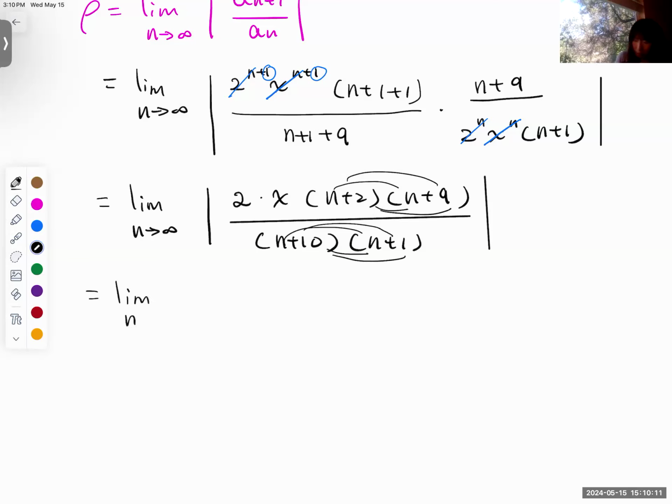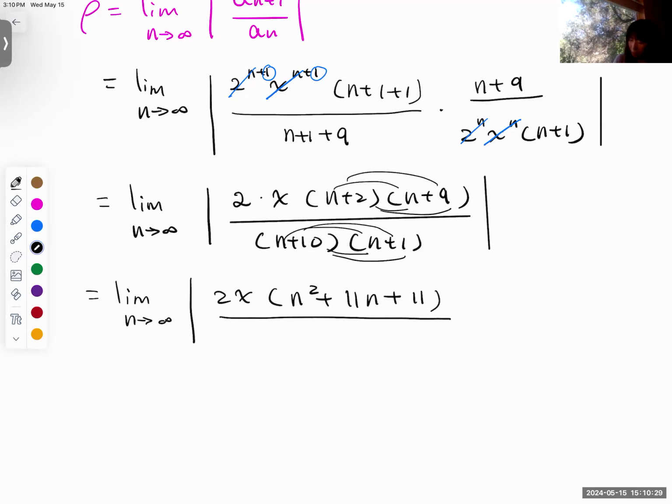We get 2x. And then that will be n squared plus 2n plus 9n, which is 11n, plus 11 over n squared, plus 10n plus 1n, which is 11n, plus 10. Okay.